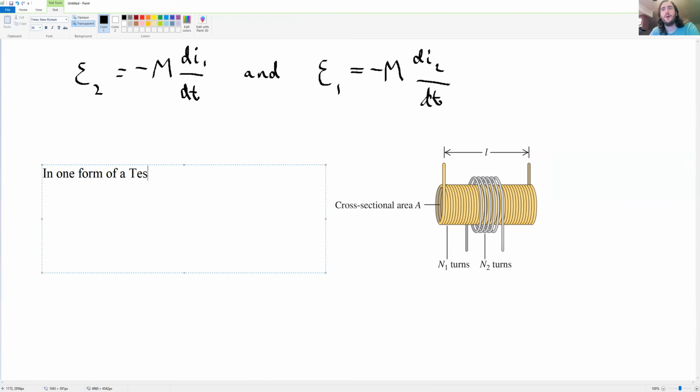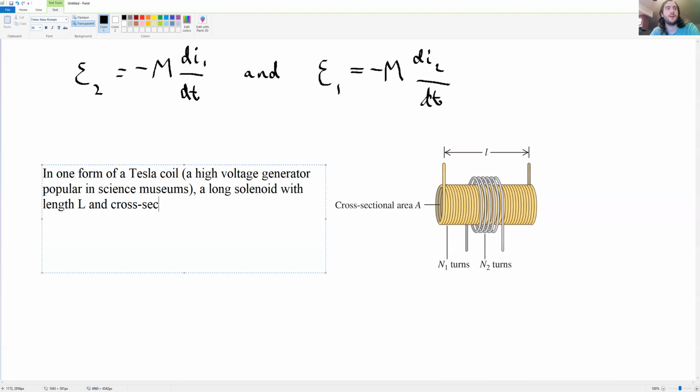In one form of a Tesla coil, a high voltage generator popular in science museums, a long solenoid with length L and cross-sectional area A is closely wound with N1 turns of wire.